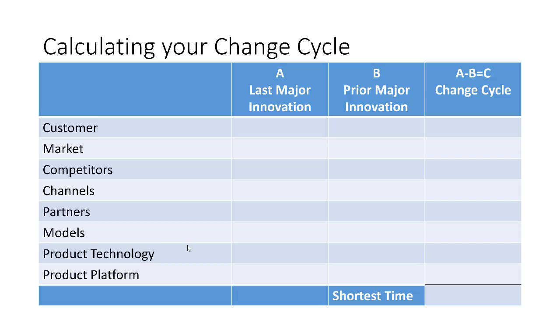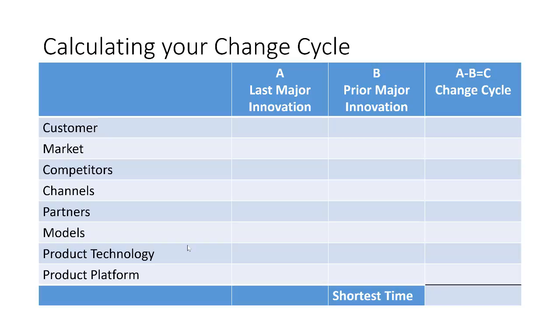So how do you calculate your innovation cycle? Well, here are 8 suggested areas to think about. You may think of others within your business and your industry and your market, but here are 8 that I have come up with. What you want to do is look at your customers and list out the most recent, so put a date there for the most recent customer innovation.